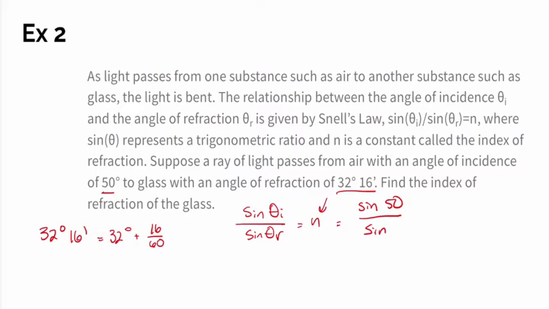Which is going to be 0.267. And then we would need to put that into our calculator. That's not something that we can do on our own. So we do sine 50 divided by sine of 32.267.